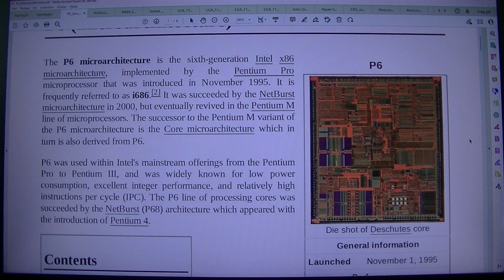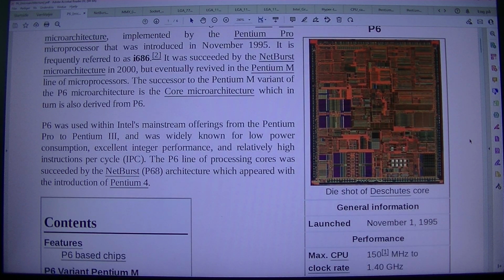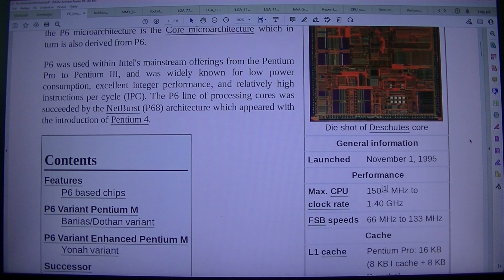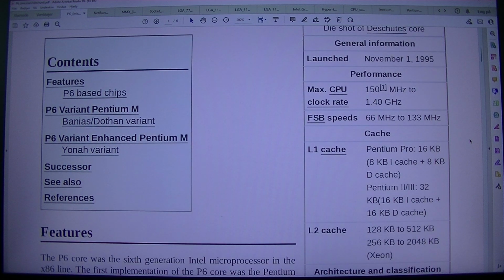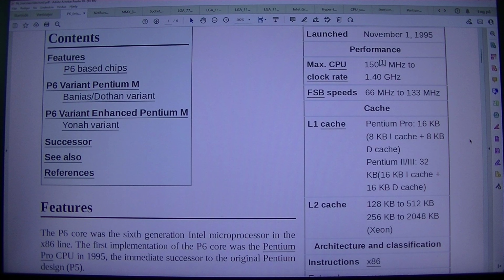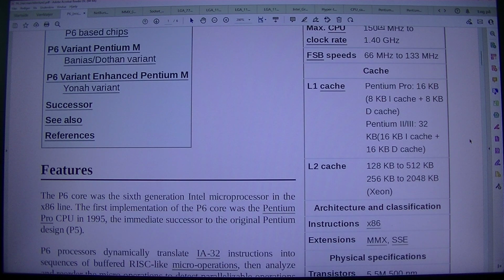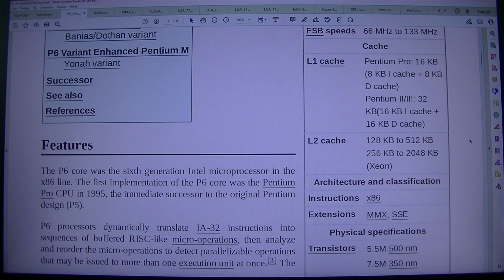Performance: max CPU clock rate 150 MHz to 1.40 GHz, FSB speed 66 MHz to 133 MHz. L1 cache: Pentium Pro 16 KB, 8 KB iCache plus 8 KB D cache; Pentium 2/3 32 KB, 16 KB iCache plus 16 KB D cache. L2 cache 128 KB to 512 KB, 256 KB to 2048 KB.